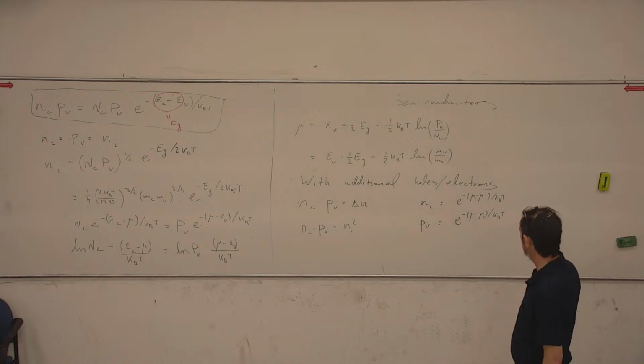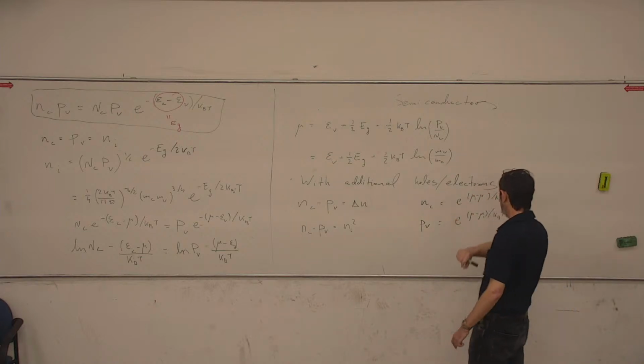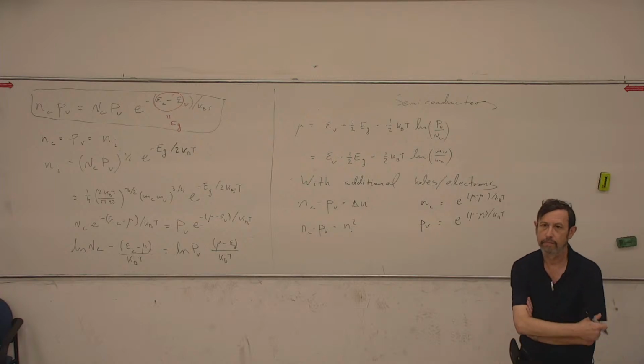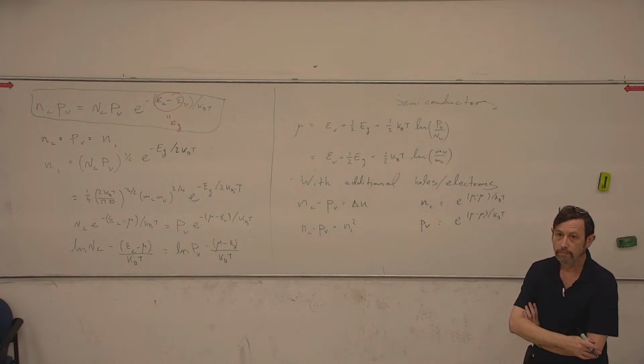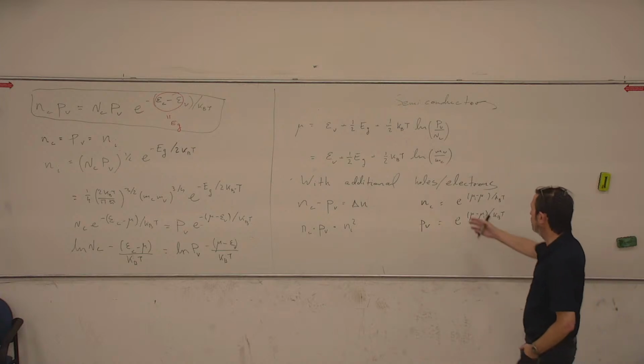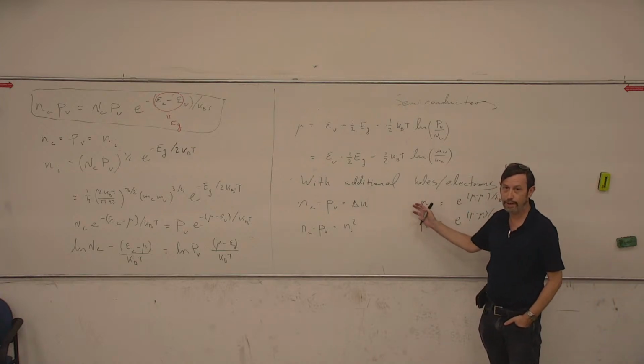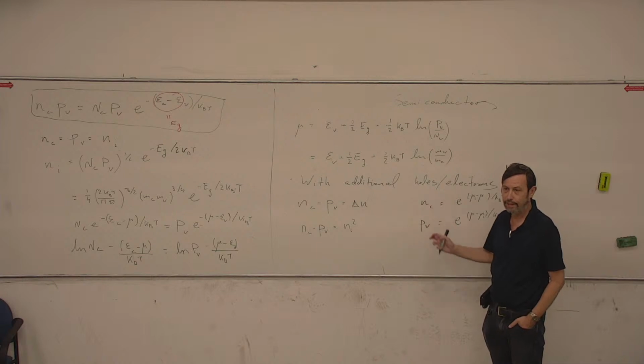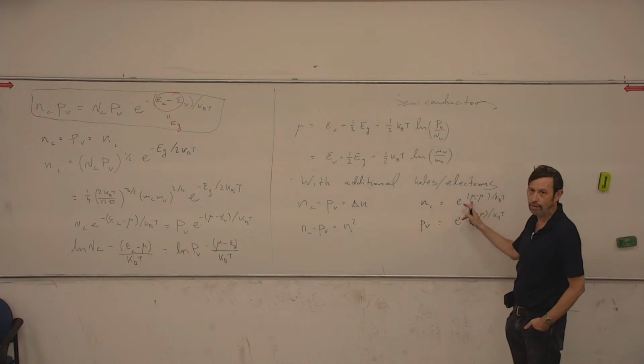Oh, I didn't switch them, I just put a minus here. So this just states what I said: the calibration of the number of electrons and holes depends only on the new mu compared to the old mu.